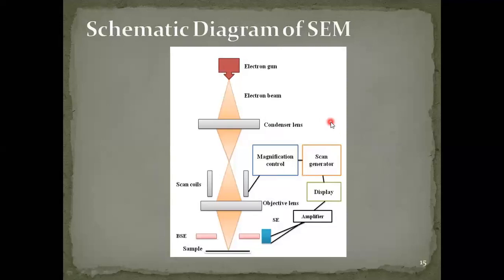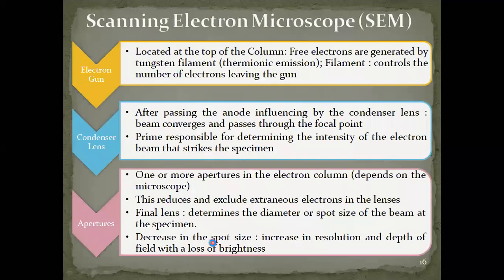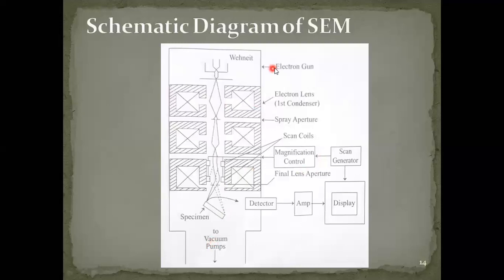This is another schematic. Here you can see the electron gun, the magnification, everything the same. But here SE means secondary electrons, and BSE is what we call backscattered electrons. Let's see the phenomenon. This is the electron gun.